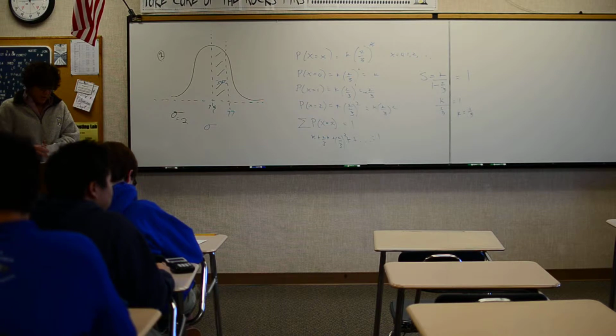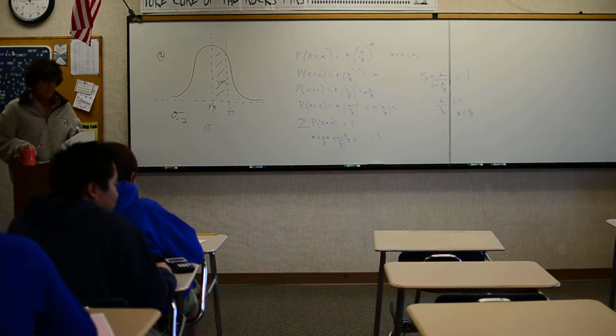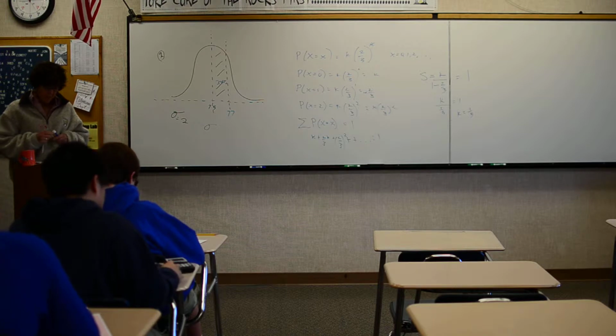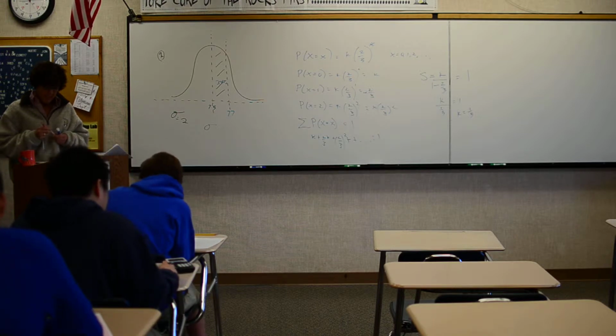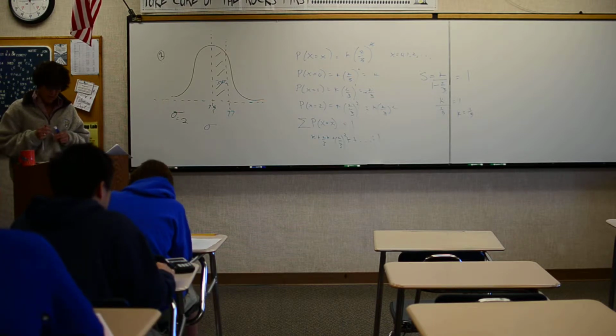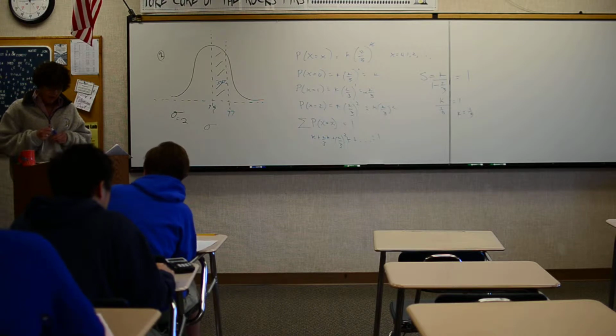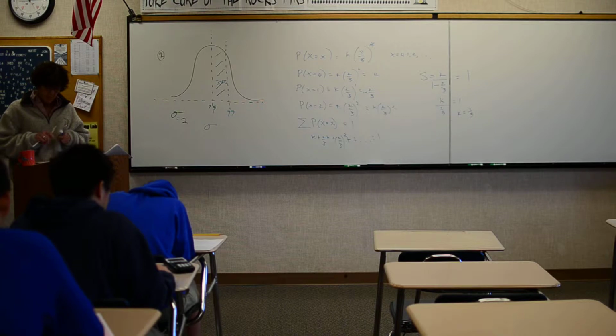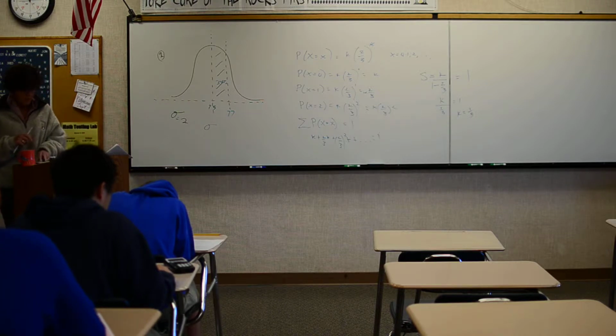All right, do we understand that problem? Yes. All right. Number 2: in a game, a player rolls a biased tetrahedral die. The probability of each possible score is shown below. Find the probability of a total score of 6 after 2 rolls.